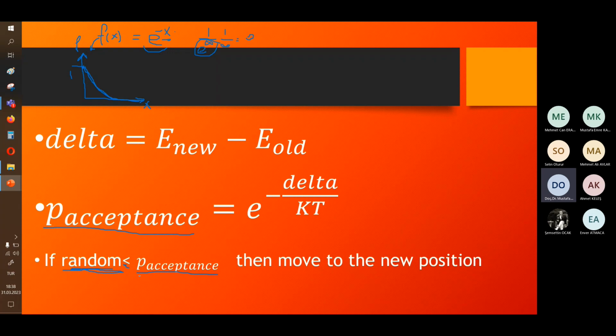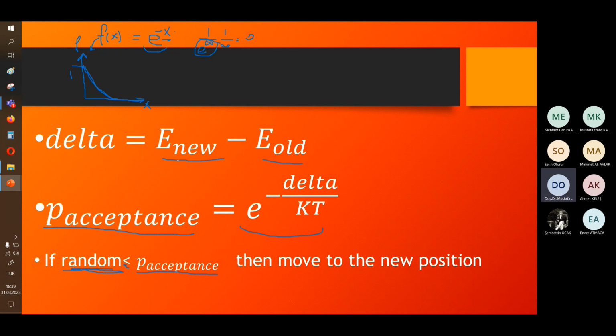Otherwise, we will be rejecting it. The acceptance threshold is given with this formula, and it depends on delta and T. T is temperature. Delta is defined as E new minus E old. Actually, that is called the energy level of the new solution and the energy level of the old solution. That old means the current.